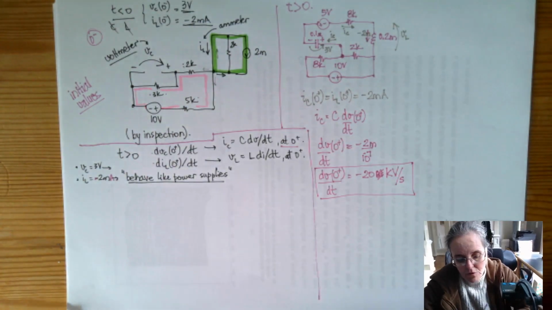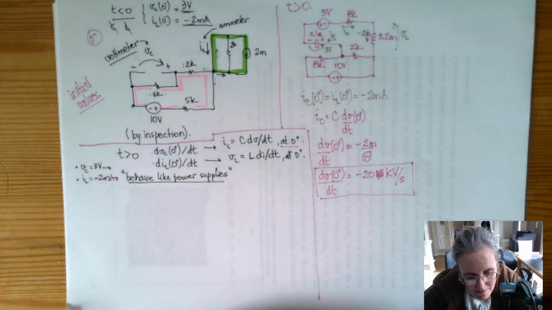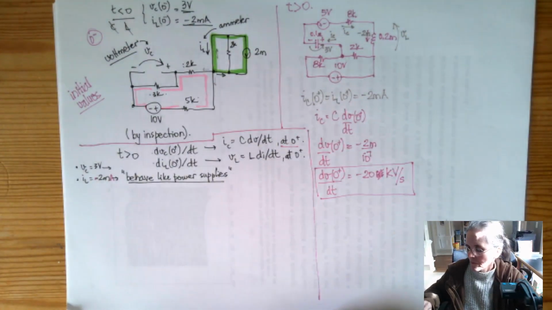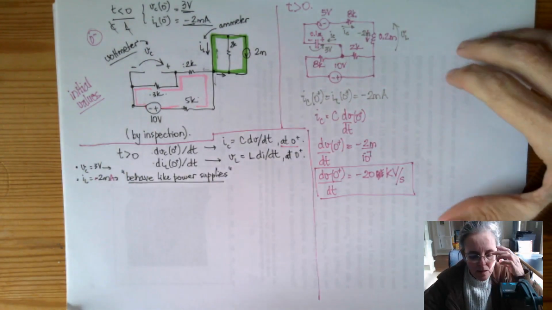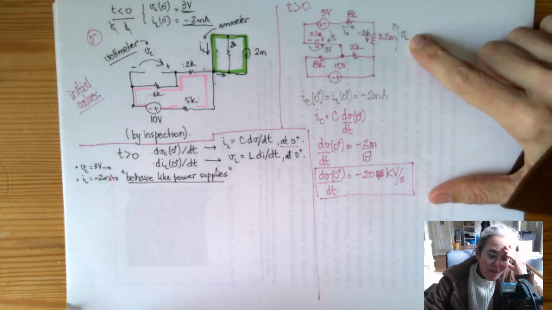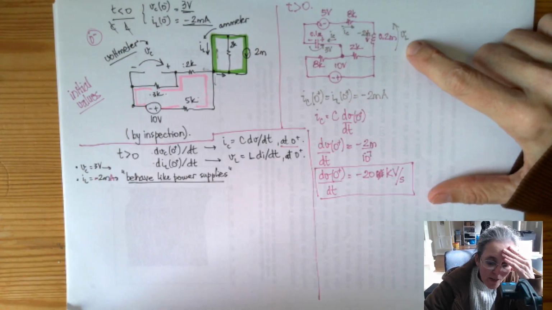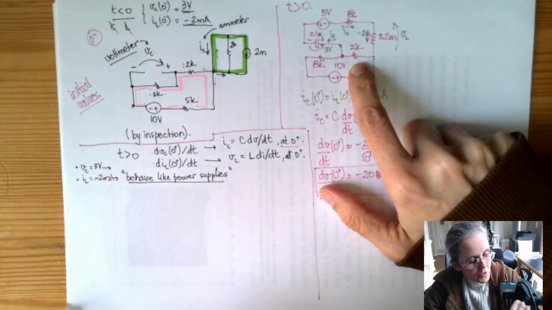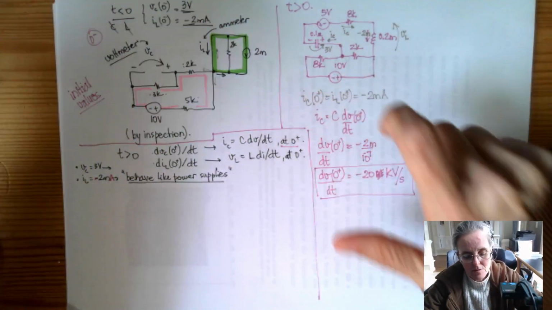I still need to find di/dt, and to find that I need this voltage here. So now we can use, for example, KVL, except there is a voltage drop across the 2K.